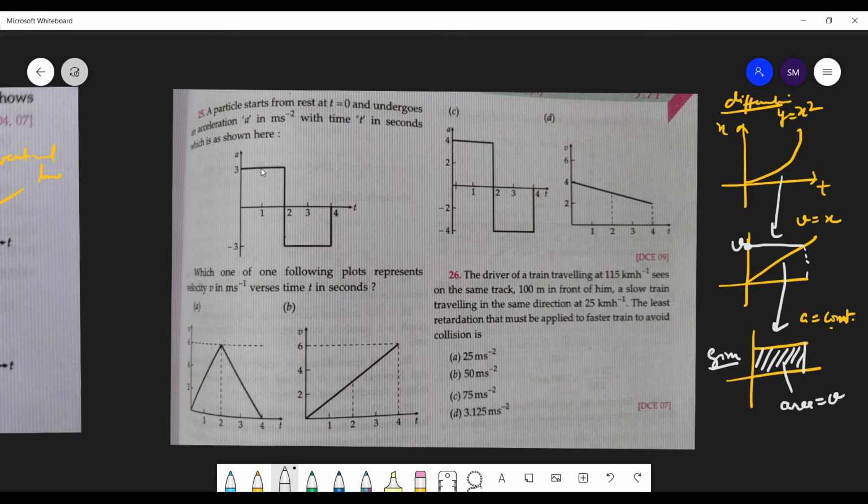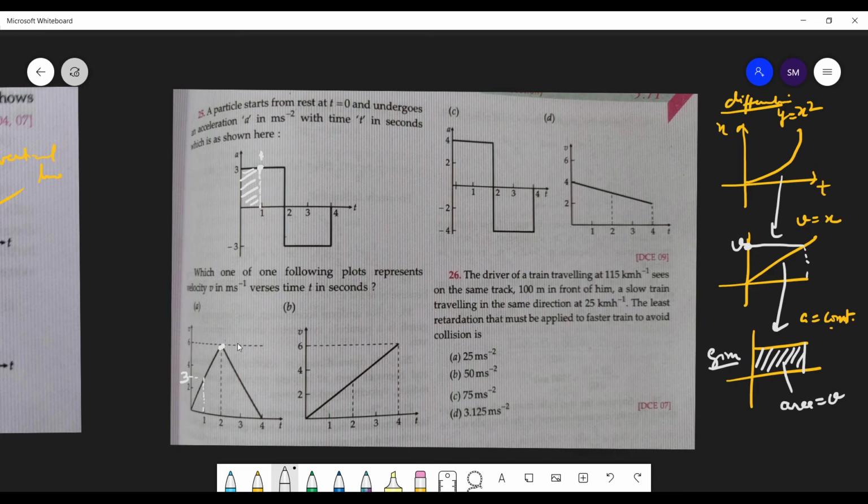Look, what is the area when time is equal to 1 second? See here, velocity is 3 at 1 second. So the area of an a-t graph gives you the velocity at that particular point. It gives the instantaneous velocity.